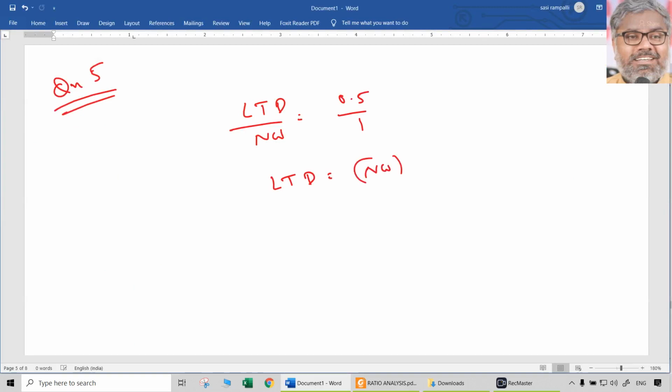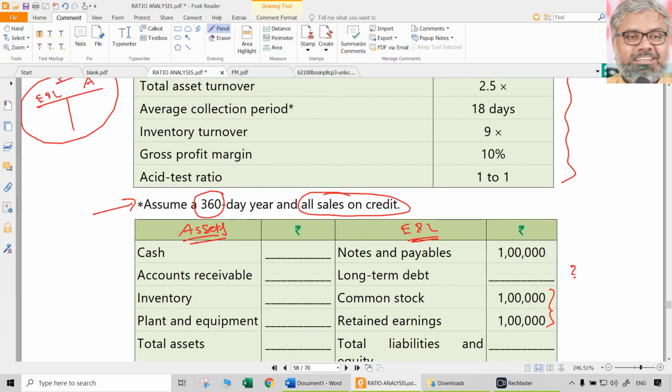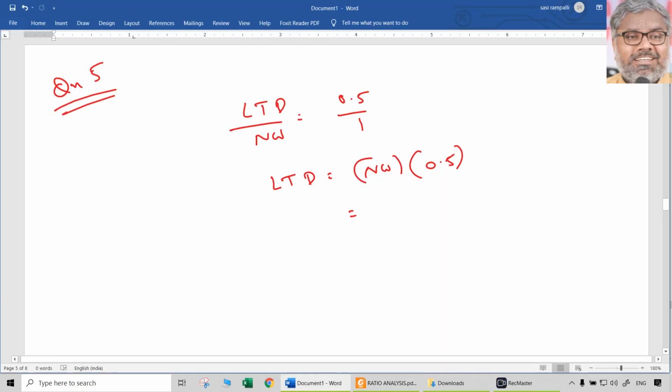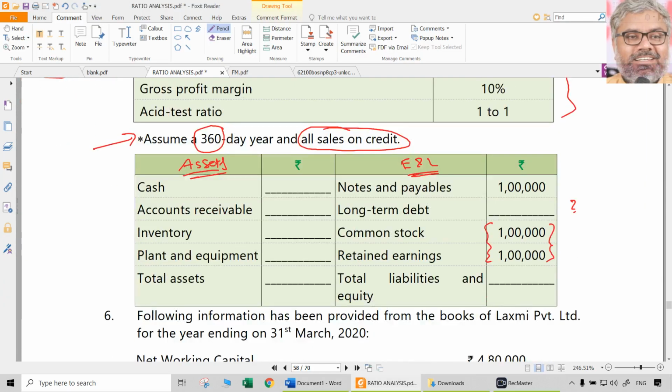Naturally, net worth multiplied with 0.5. Net worth we know how much? 2 lakhs. Multiplied with 0.5 means half of that. That means 1 lakh is the long-term debt. So we have this data now. Long-term debt is 1 lakh.